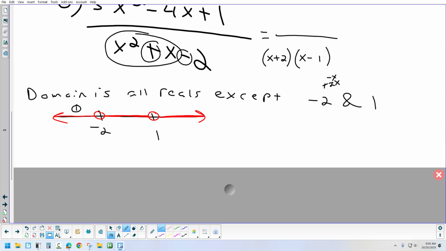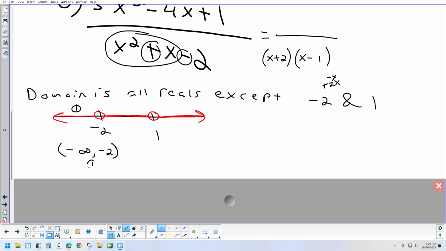Anybody think they could tell me how to write the leftmost piece? Any number lower than negative 2. Parentheses, negative infinity, and the comma, negative 2, parentheses. Perfect. That's how you describe all the numbers in the first section.